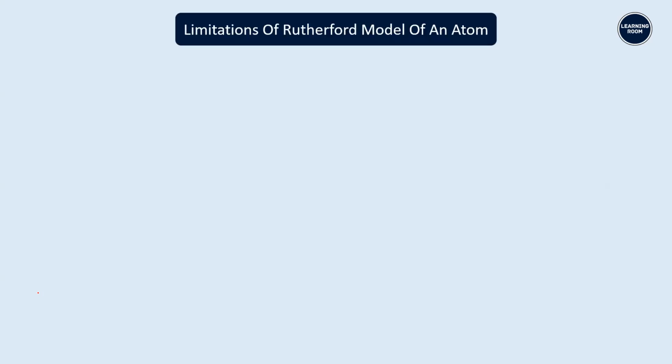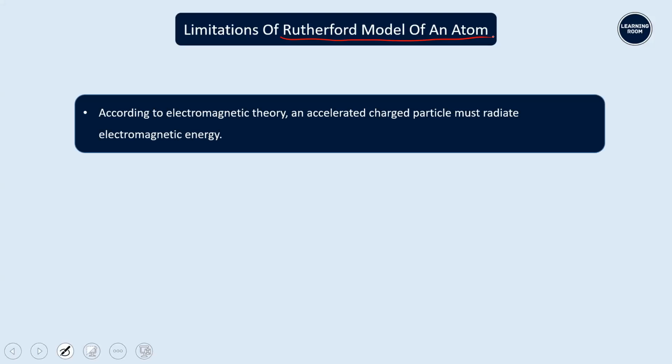The last concept for the day is the next topic, the limitations of Rutherford's model of an atom. Firstly, according to electromagnetic theory, an accelerated charged particle must radiate electromagnetic energy.